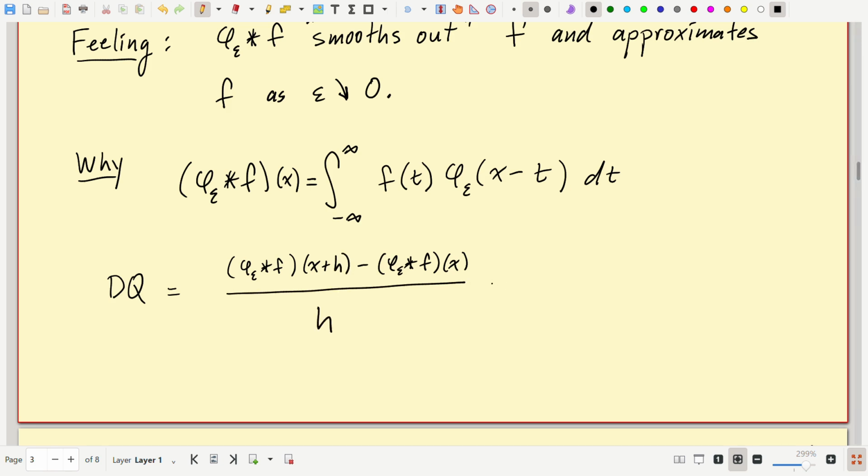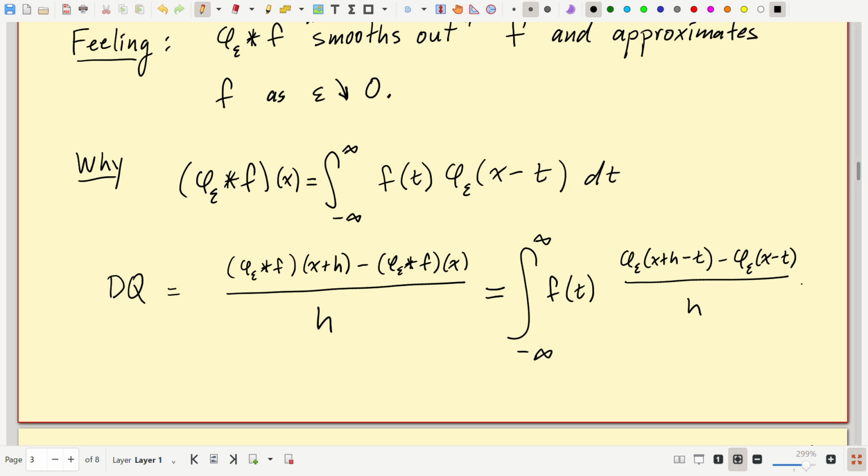And when you write that out, you realize, oh, I can put that difference quotient inside the integral. f of t would just sit there, and I would get phi sub epsilon of x plus h minus t minus phi sub epsilon of x minus t, over h, dt.